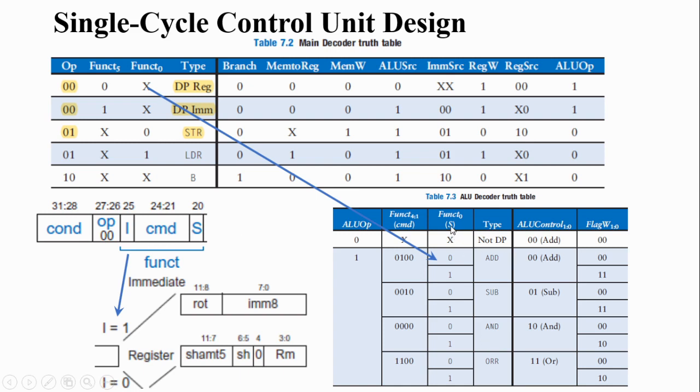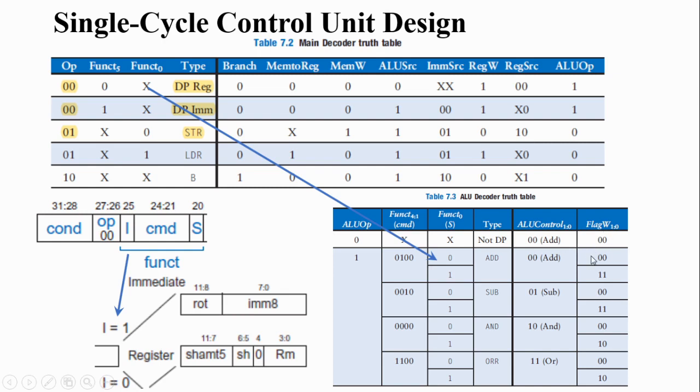And there is one more field known as the S field. I told you, if the S bit is 1, the flags will be updated. How will you update the flags? Based on this control signal known as flag W. How this flag W signal reflects the flags, we will see later.